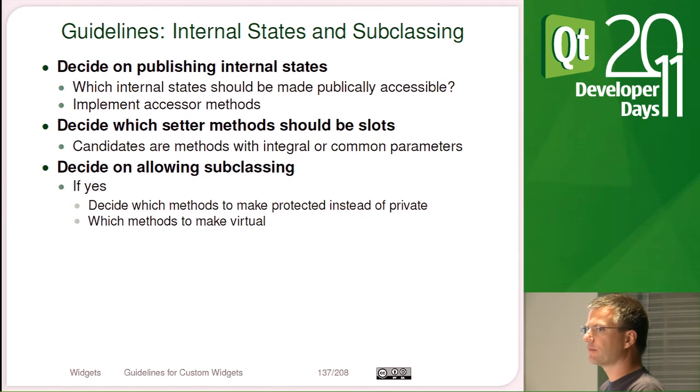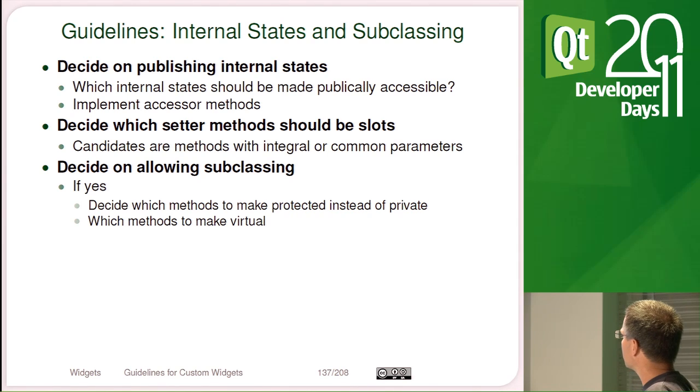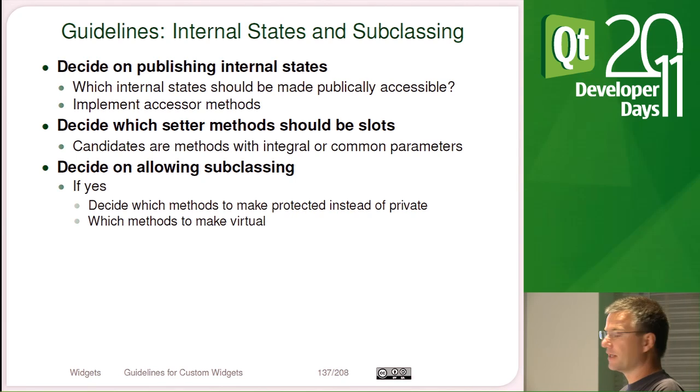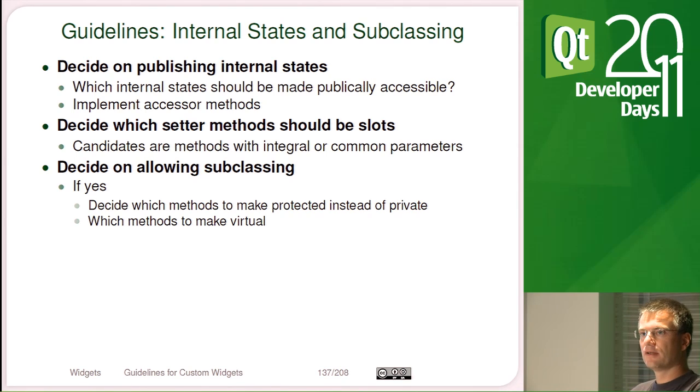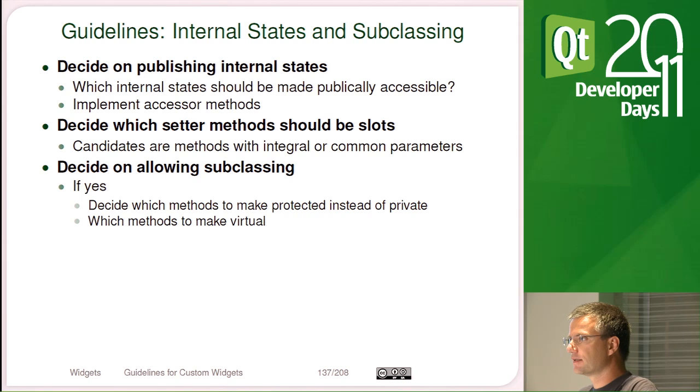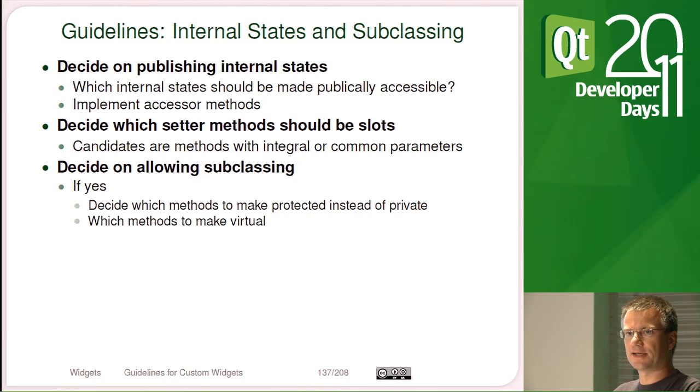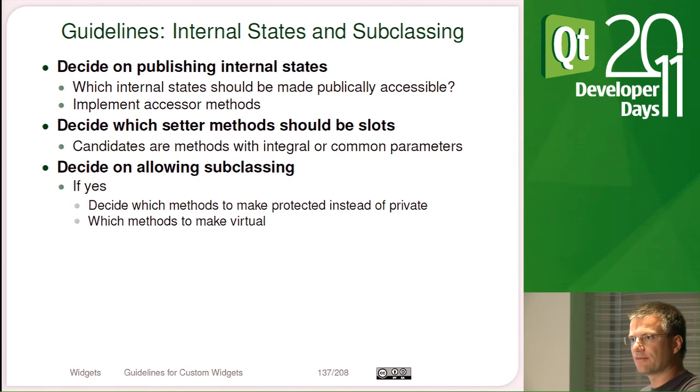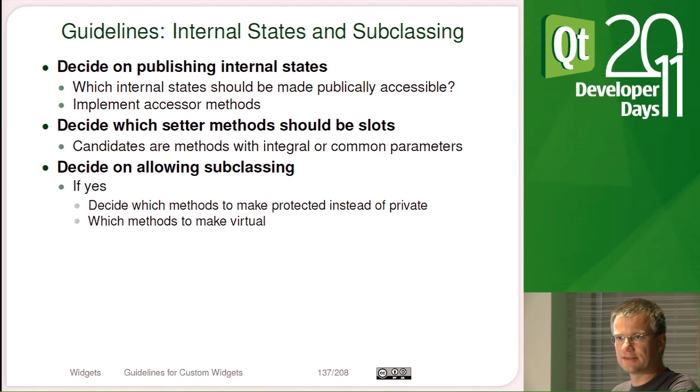What do you want to make public to the outside? And when you decide to make something public, it might be a good idea to implement this as slots so that someone can connect your widget function to a signal. In the slider example, the setValue function is a very good candidate for a slot because someone else can connect a signal to your setValue slot.